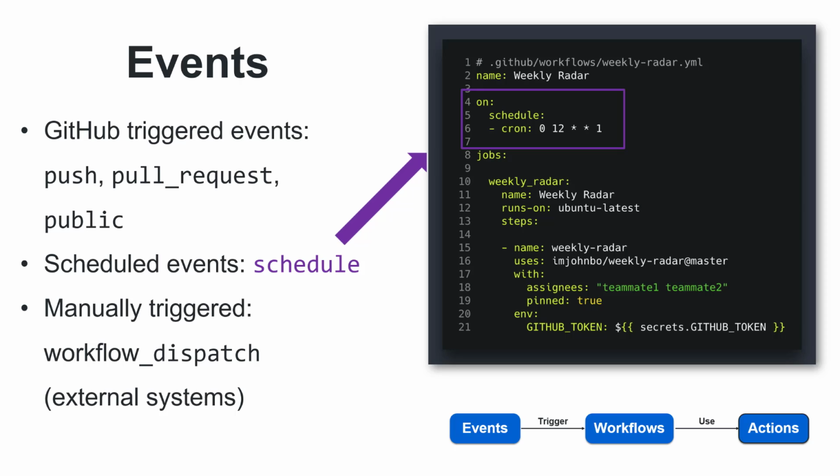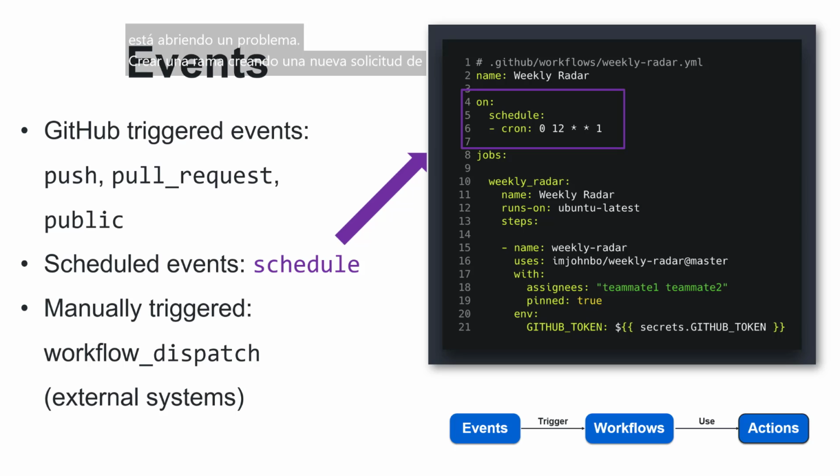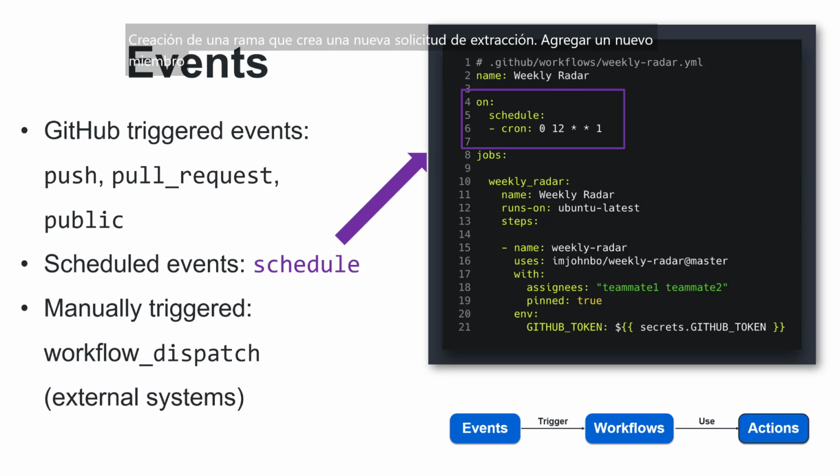Webhook events. A few examples of events in GitHub that could trigger a workflow are: opening an issue, creating a branch, creating a new pull request, adding a new member to an organization, cron schedule. A webhook is fired off when one of these events takes place and a workflow is triggered.